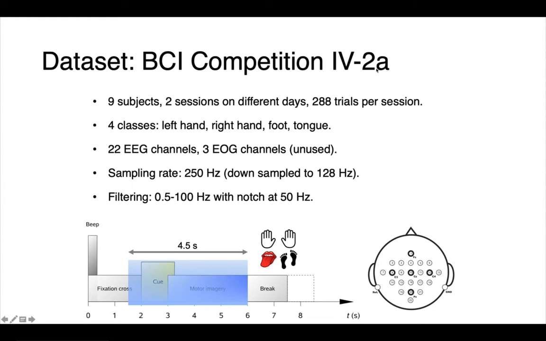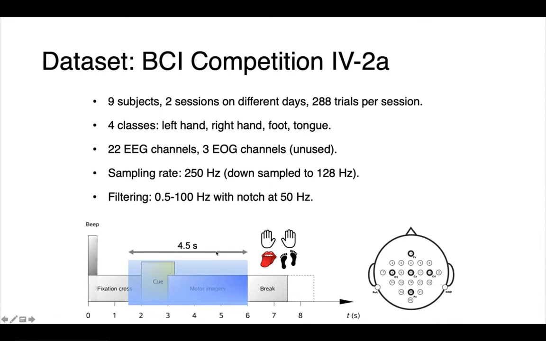This is one of the categories called 2a. This dataset contains 9 human subjects, and each of them performed 2 sessions on different days. So they came into the lab 2 times to do 2 recordings. And each recording contains 288 trials.